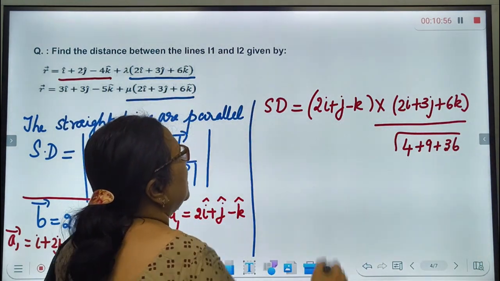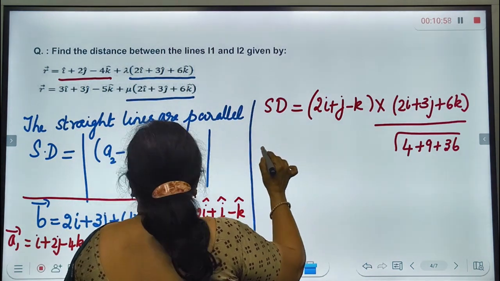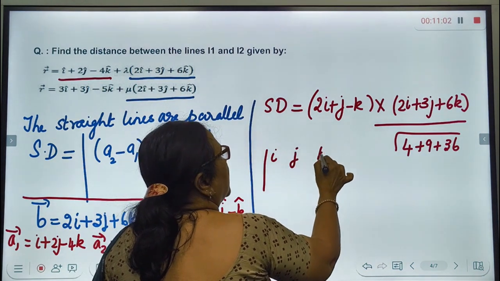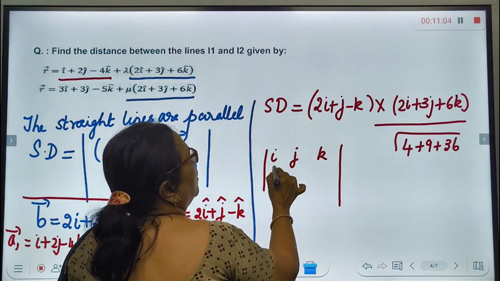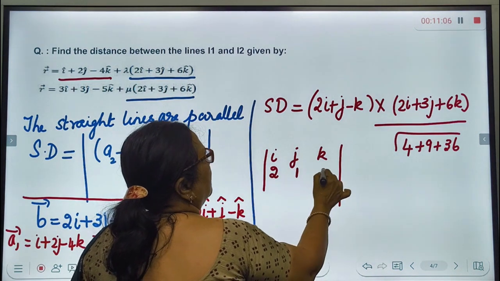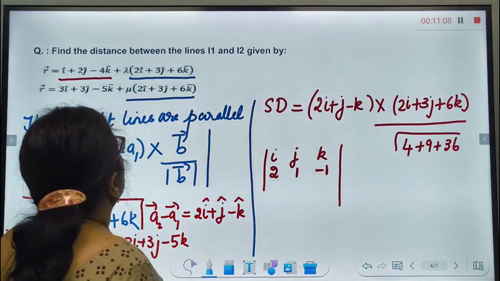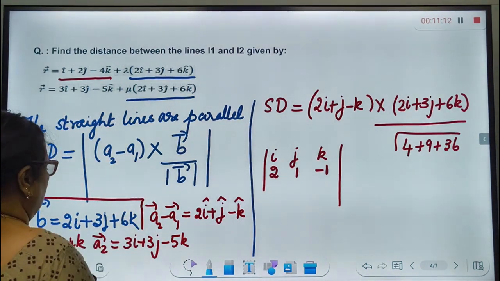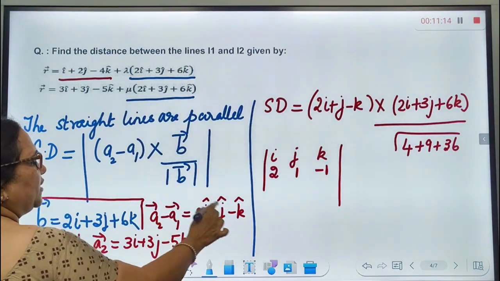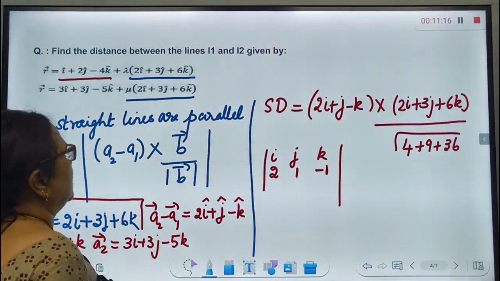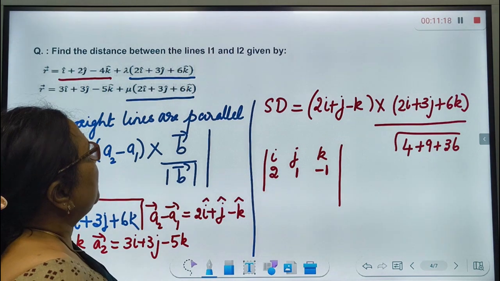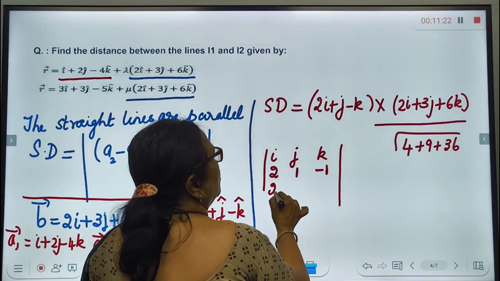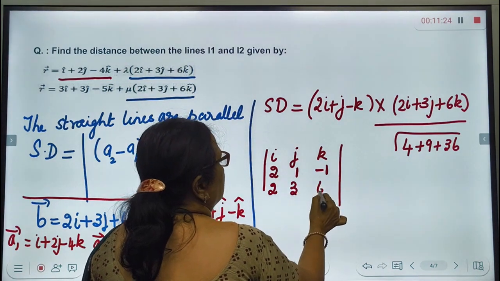Okay. Now how do we find the cross product of that? i, j, k; 2, 1, minus 1. That is, a2 minus a1, the DRs are 2, 1 and minus 1. Then we have to find the cross product with b vector. What is b vector? 2, 3 and 6.